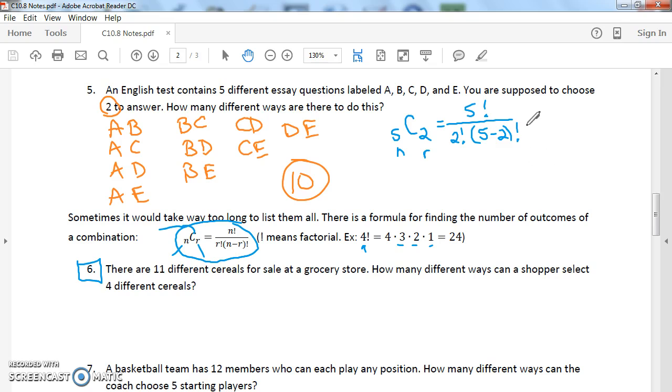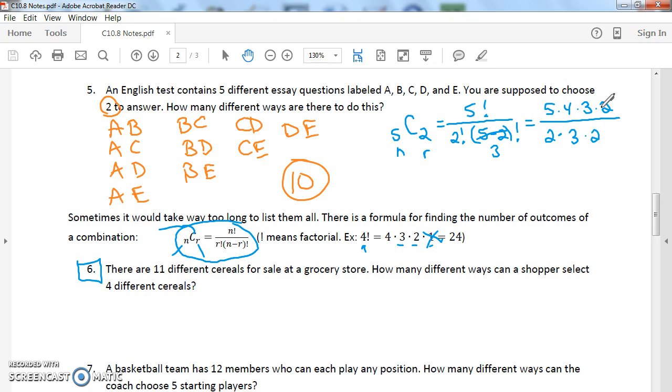Now for the purposes of this assignment, I'm going to eliminate times 1 because all that does is give us back the number that we already had. Times 1 is kind of useless to us at this point. So 5 factorial is really 5 times 4 times 3 times 2, then of course times 1, but we'll leave that off. 2 factorial is 2 times 1. 5 minus 2 is 3, and so 3 factorial would be 3 times 2.